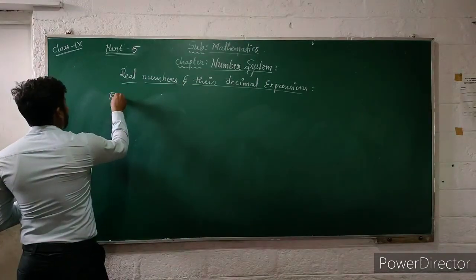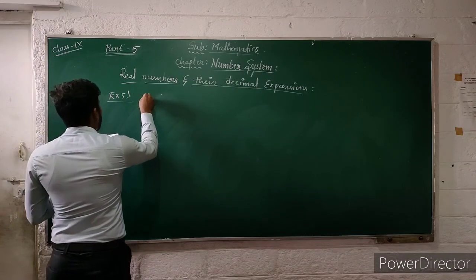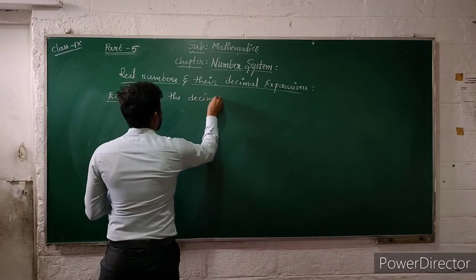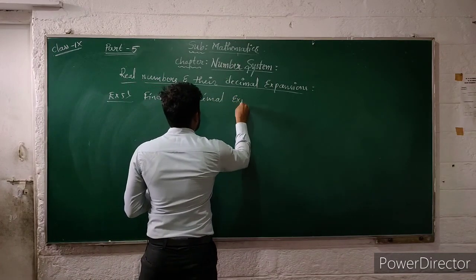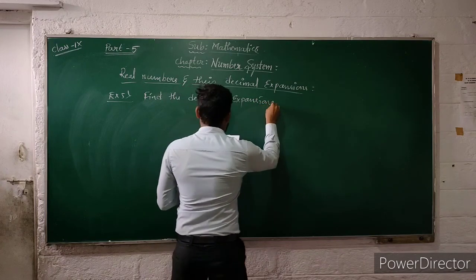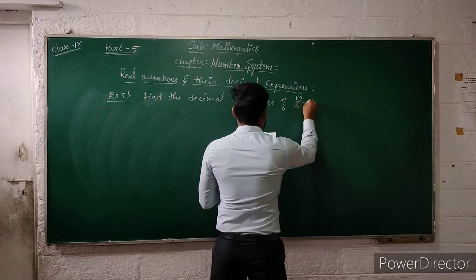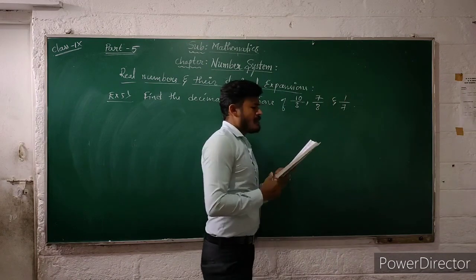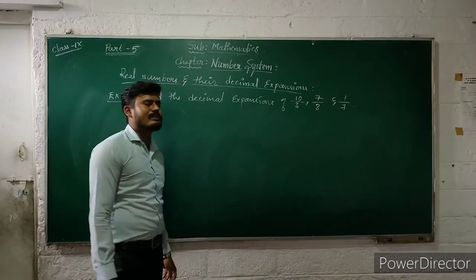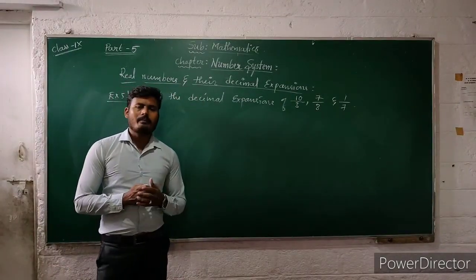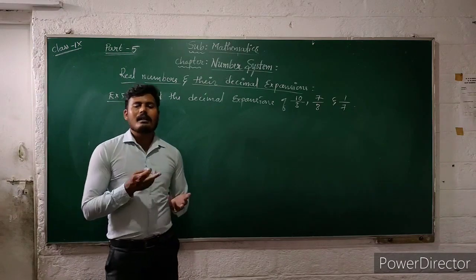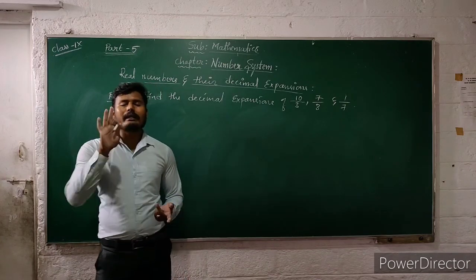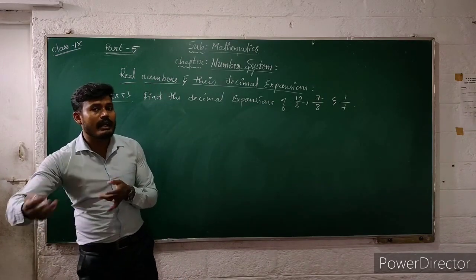Example number 5 is: find the decimal expansion of 10 by 3, 7 by 8 and 1 by 7. You should find the decimal expansions of these three and identify whether they are terminating or non-terminating, recurrent or repeating.